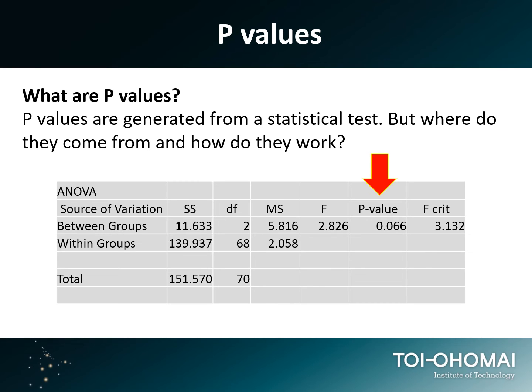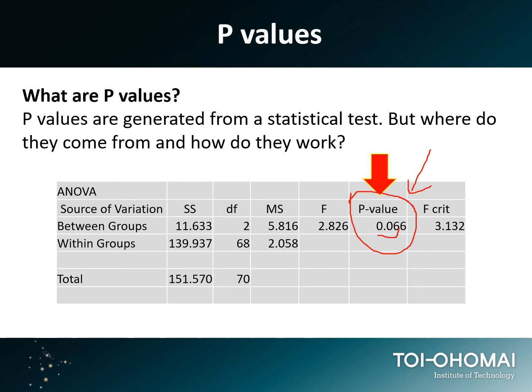So where does this p-value come from? We've kind of explained it with the overlap of the normal distributions, but we do it with a t-test in some cases, a statistical test in Excel or any other stats program, and we'll get this p-value generated in our output table.